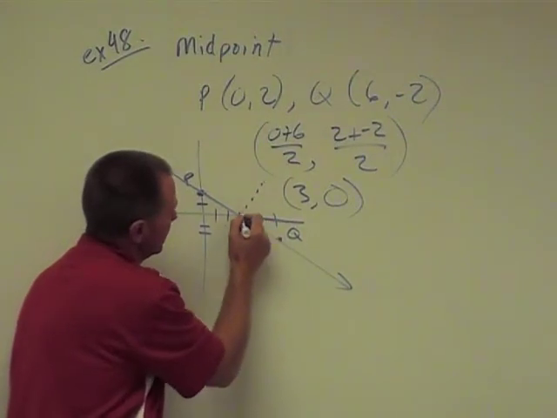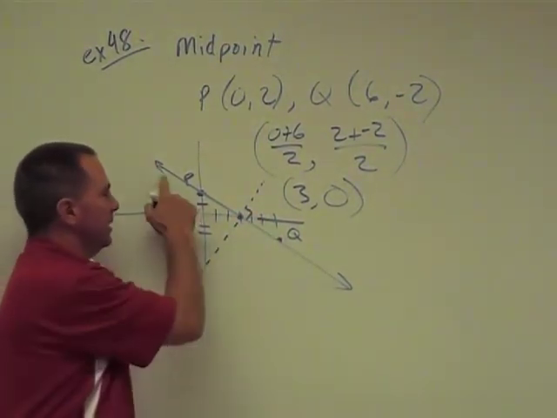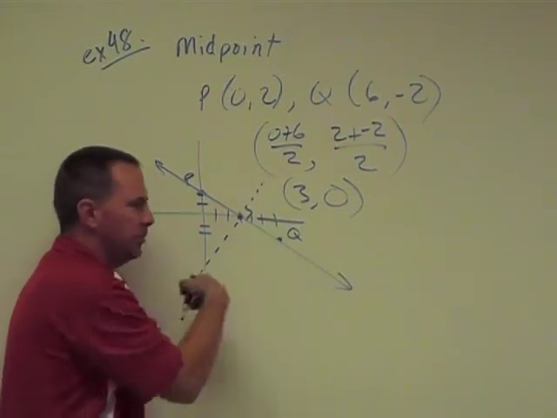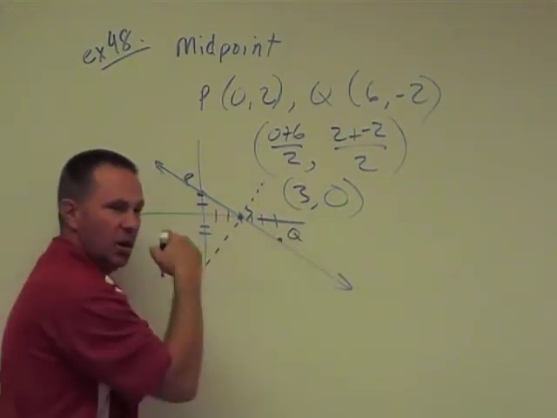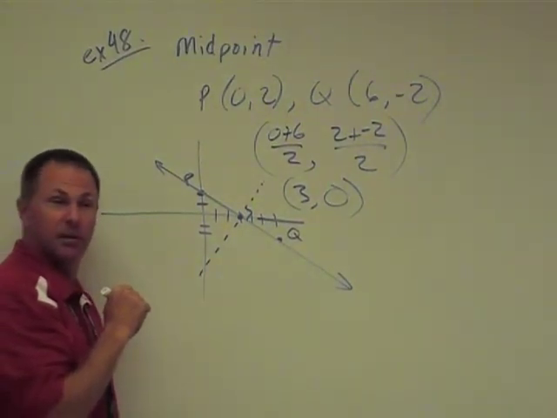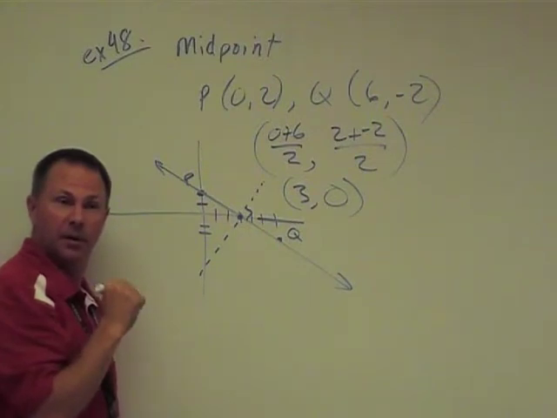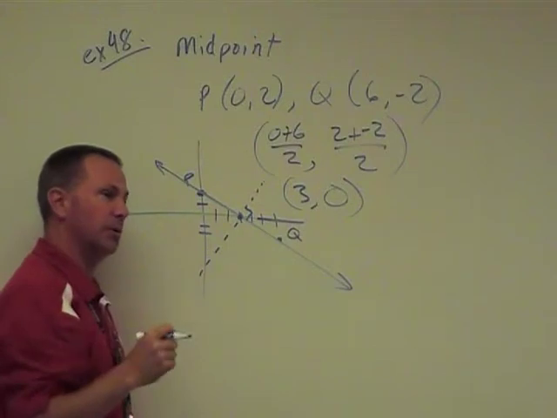I want the equation of the line that's perpendicular to this line going through the midpoint. So here's our point that is on the new line, right? How do I find the perpendicular slope? Find the slope of this line, and then find the perpendicular part of it.